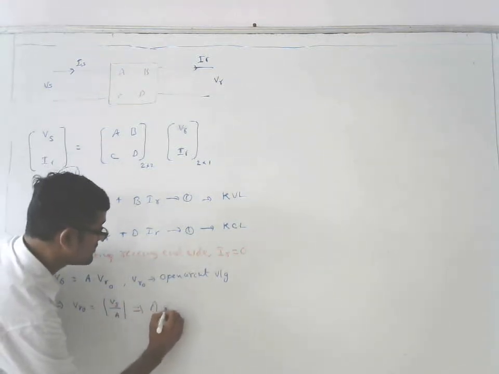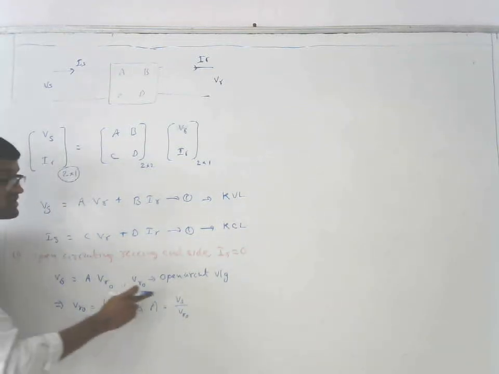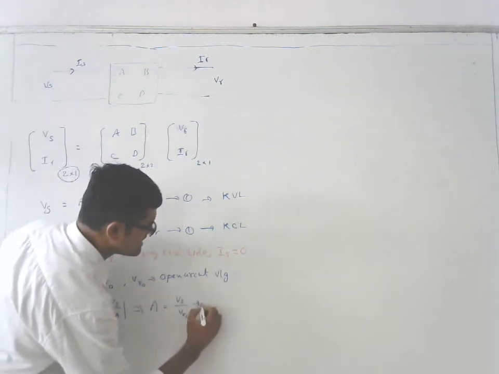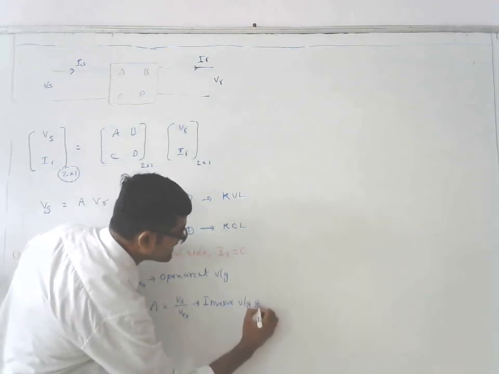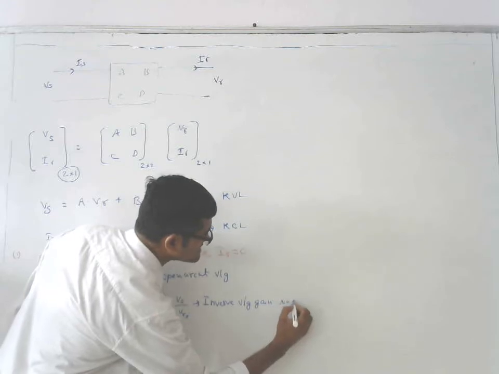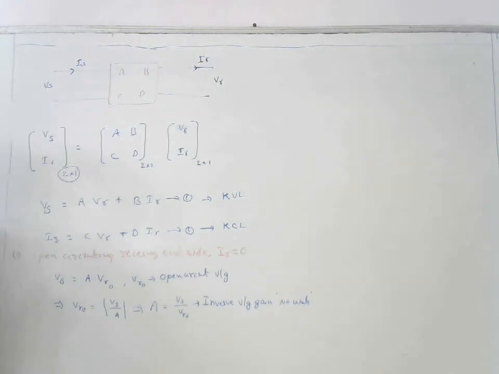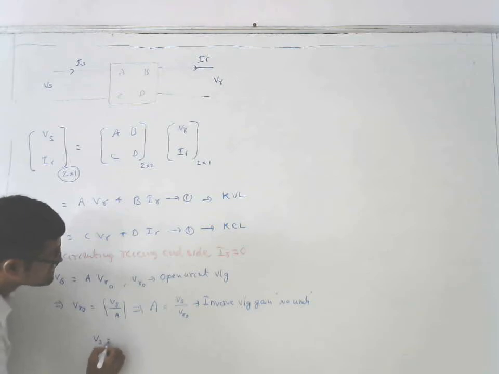It is the ratio of sending end voltage to receiving end voltage, input voltage to output voltage, which we can call the inverse voltage gain. It has no units, because it is a ratio of voltages. Also, Vs is equal to VR naught into A.